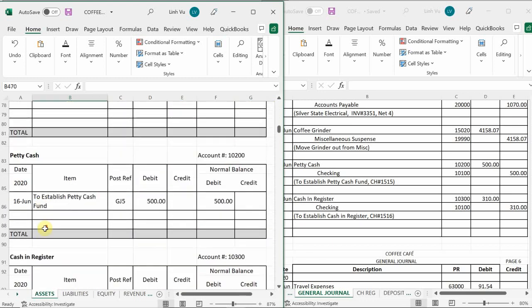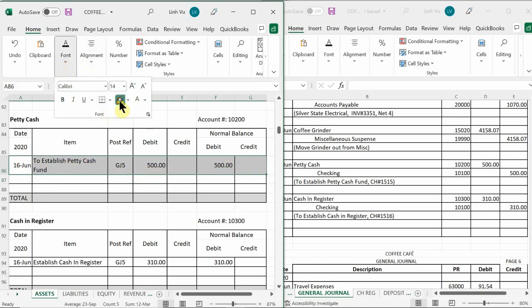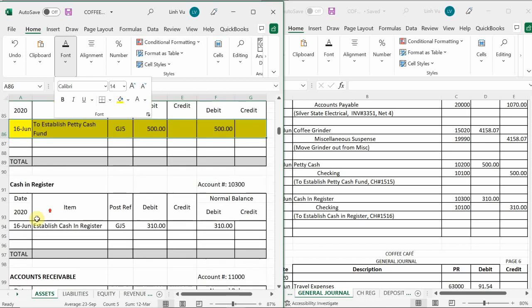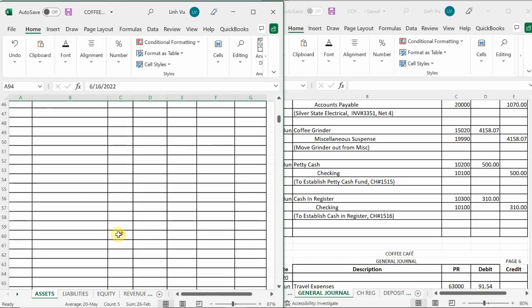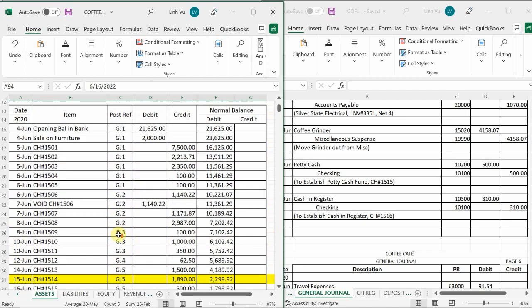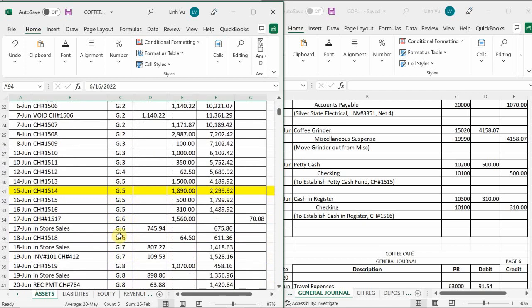I debited my petty cash for $500 and debited my cash in register for $310. Did I credit my checking account twice, once for 500 and once for 310? Yes, we did.